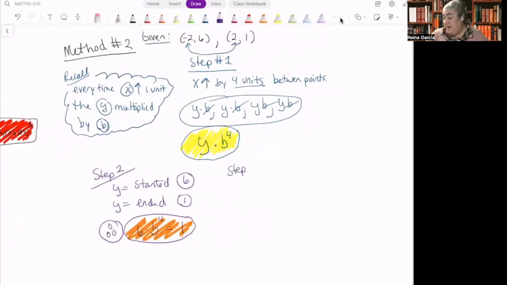In step 3, I have to solve for b. Okay? So I take this equation that I came up with, 6 times b to the 4th equals 1, and I solve for b. Well, that means that the first thing I have to do is divide by 6 on both sides. That cancels, and it leaves me b to the 4th equals 1/6.